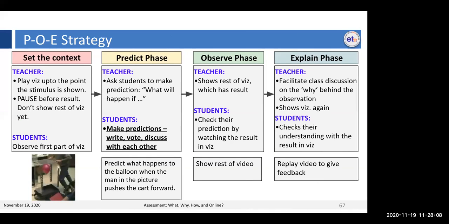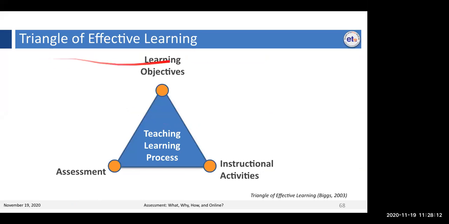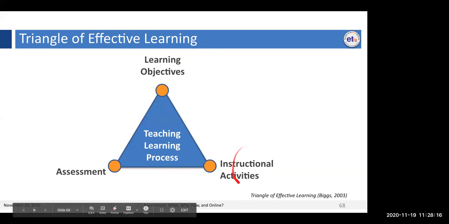as a teacher, you, me, all of us need to remember this triangle of effective learning. There is a learning objective, there is an instructional strategy or activity, and there is assessment. These are the three aspects of effective pedagogy.